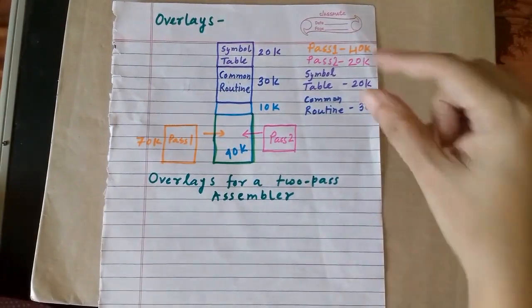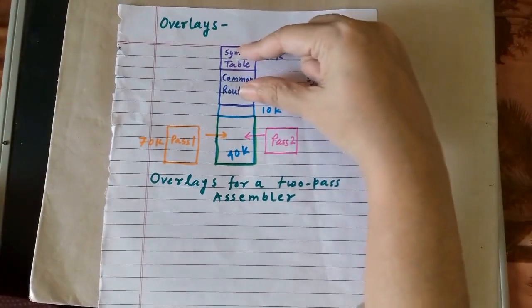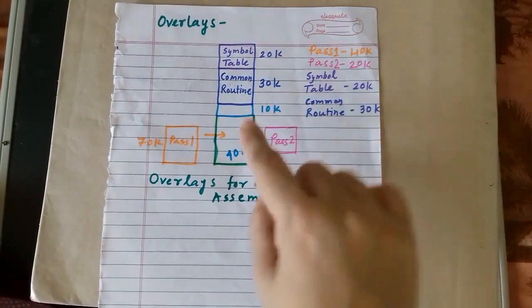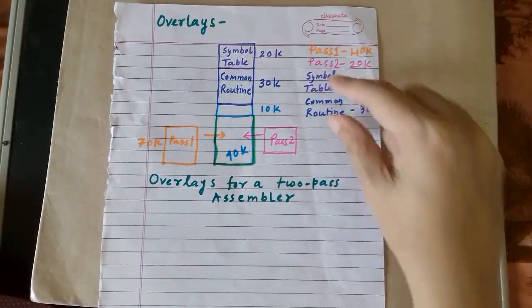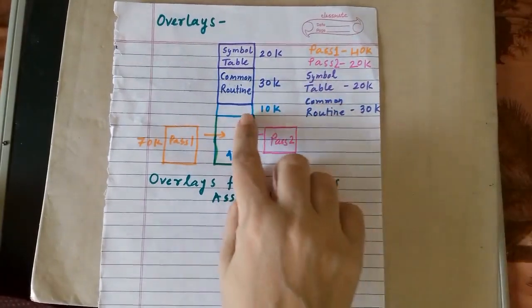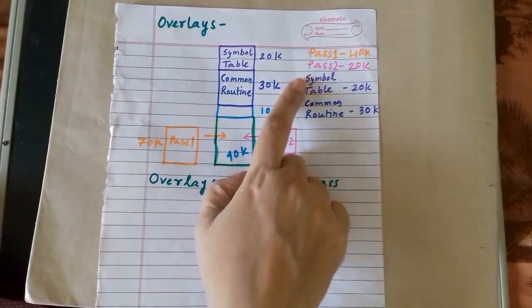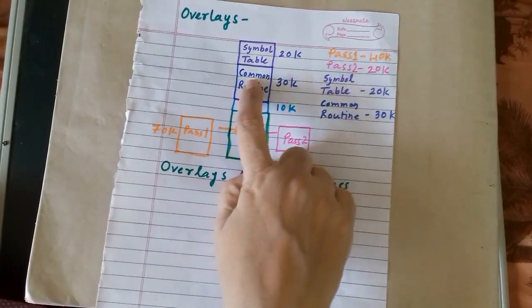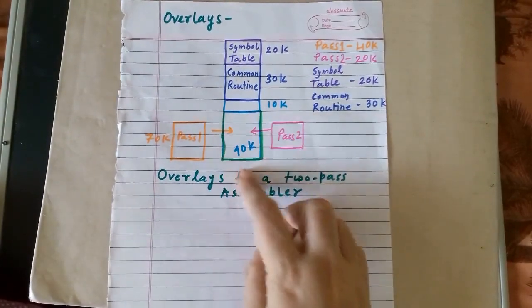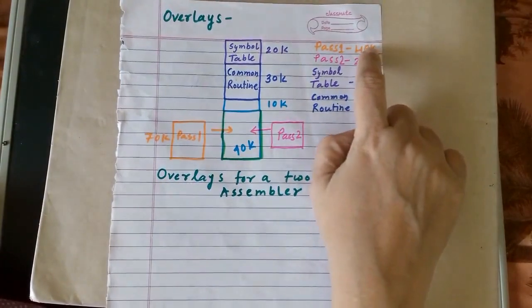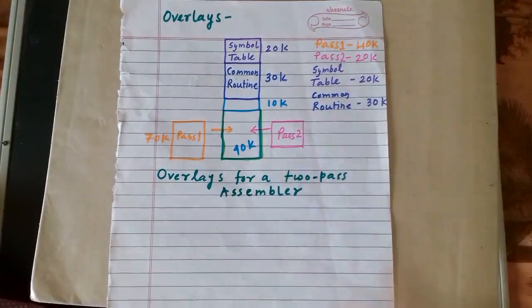So we need the symbol table and common routine present together in main memory, and at a time we need either pass 1 or pass 2. So the overlay driver can load only these two, and in the available free space I can accommodate either pass 1 or pass 2.